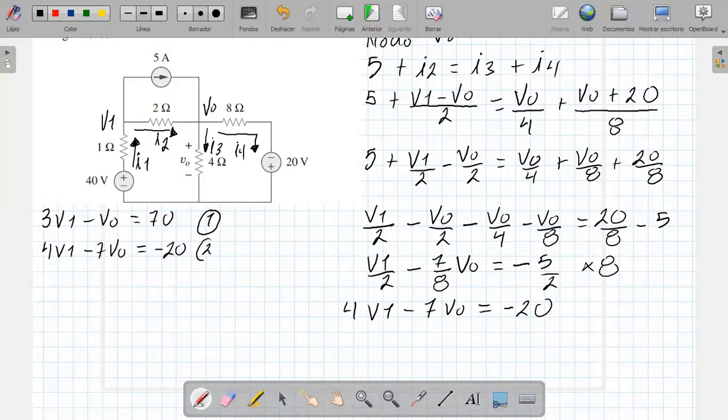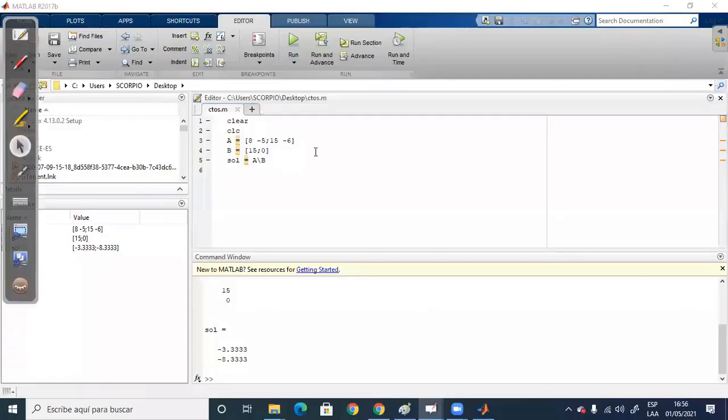These two are the ones that I am going to enter.